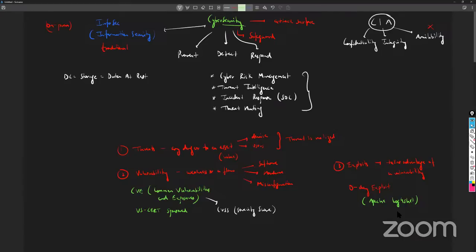Be it your Netflix, Amazon, Twitter, or Microsoft, all of these major organizations were affected by this vulnerability. Since no one knew about it, all these organizations were exploited. So this was a very promising zero-day exploit which someone was able to figure out.